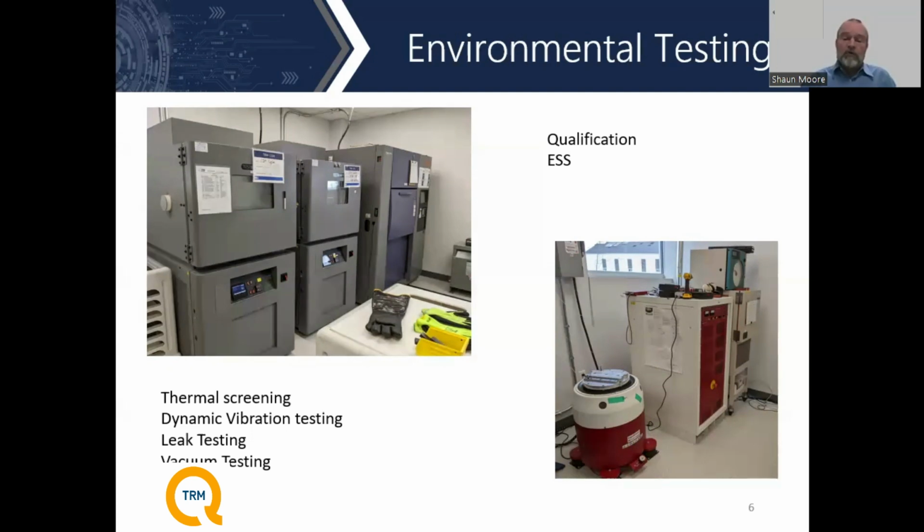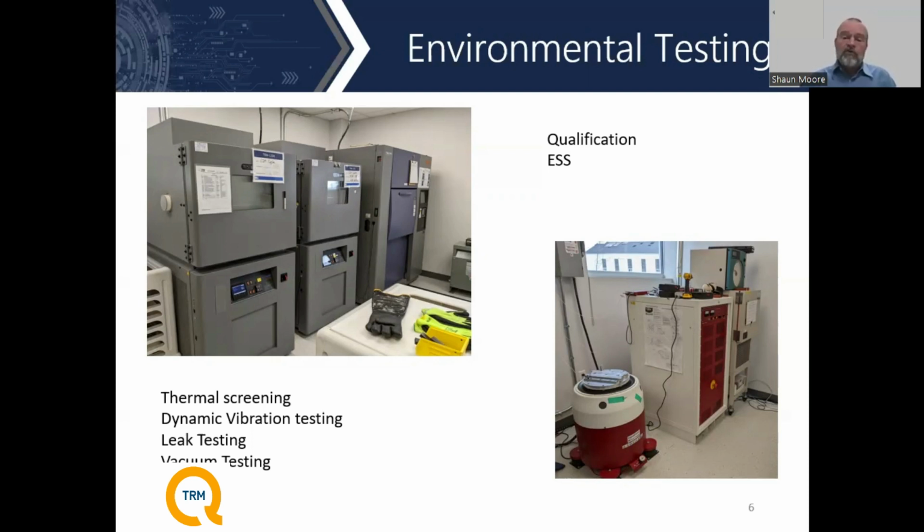Both of these sorts of testing, whether it be thermal testing or dynamic vibration testing, is also done as part of ESS testing. Now, the thought behind ESS testing is that 90% of the failures that you're going to see due to environmental conditions will happen in what we call infant mortality, which basically happens within the first few percent of its life.